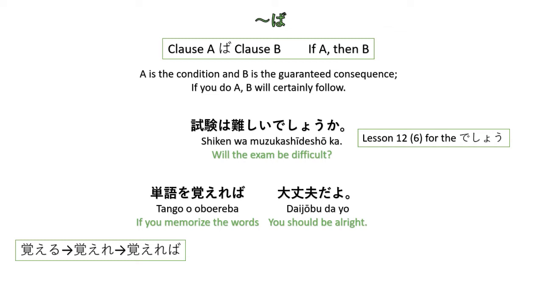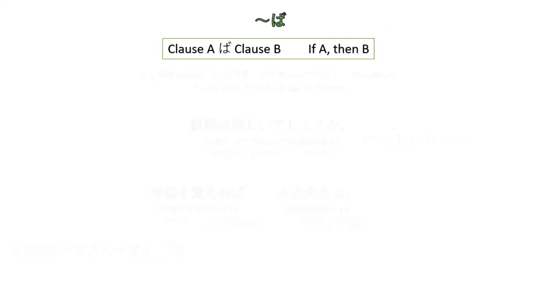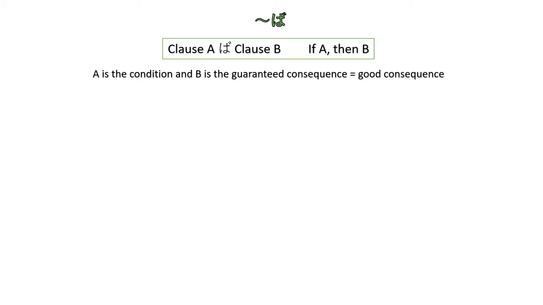So, oboereba comes from oboeru: oboeru, oboere, oboereba. So, here, A is the condition and B is the guaranteed consequence. And usually, B is a good consequence. Okay? So, it is a positive consequence, not a negative one.